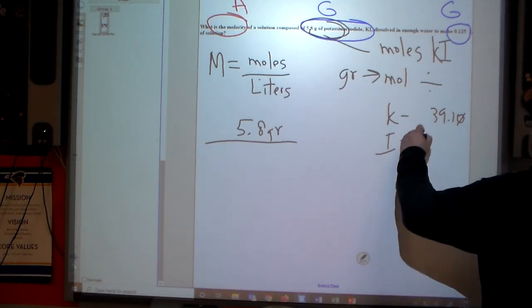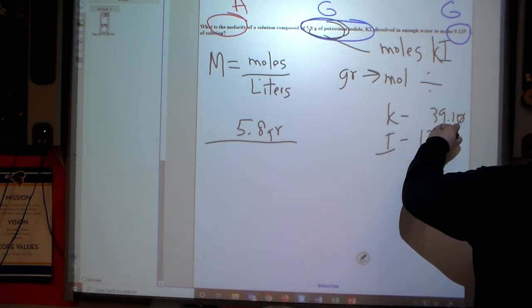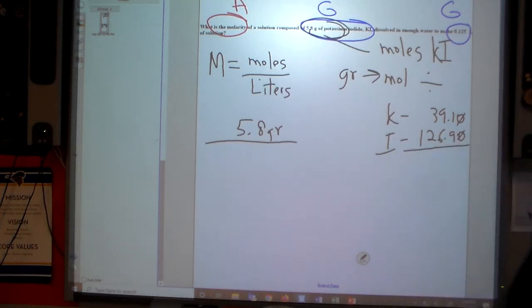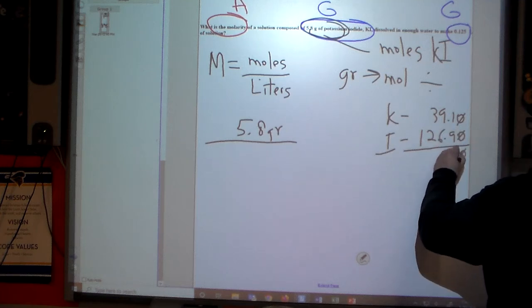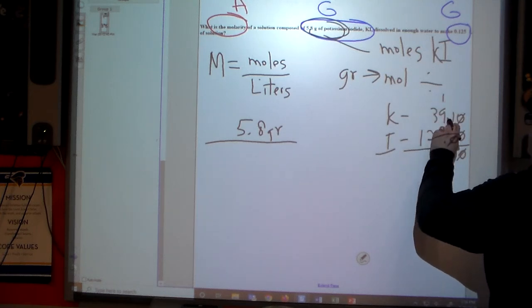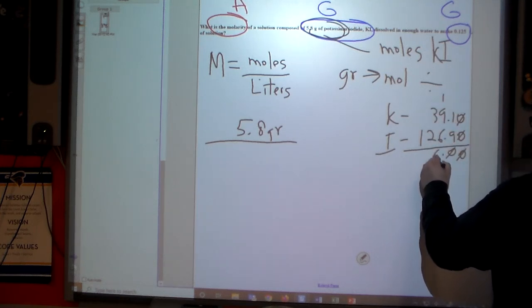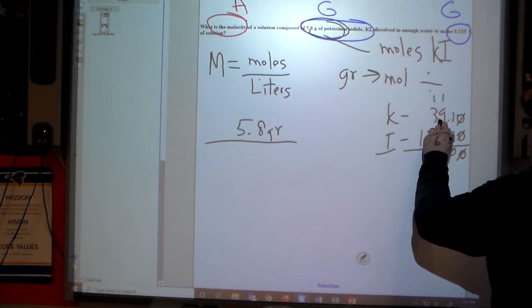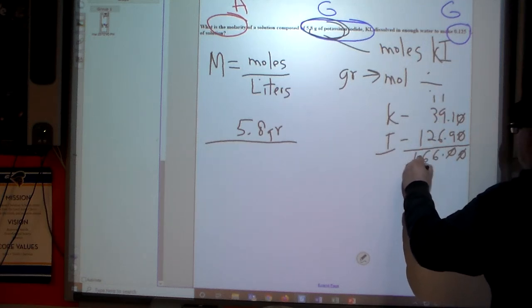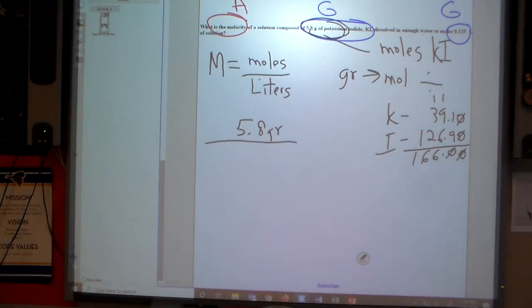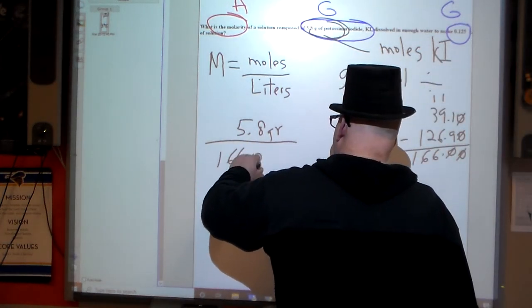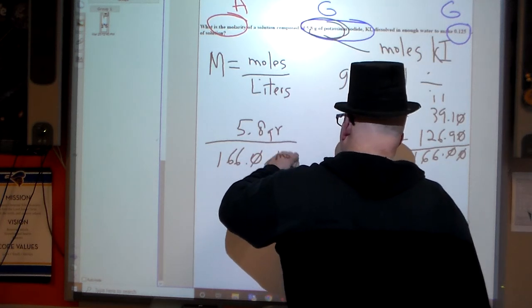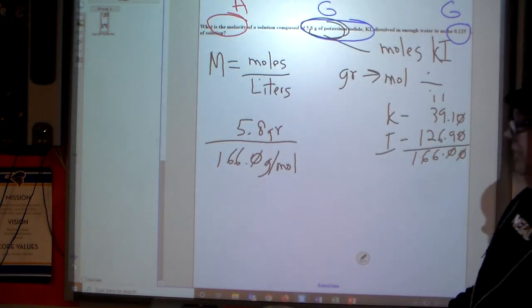That's a big boy! 126.90. So I got 0, 10, carry the 1, 1 and 9 is 10, plus 6 is 16, carry the 1, 1 and 3 is 4, 4 and 2 is 6, and then we have a 1. So we have an even 166 grams per mole. That's what we have, ladies and gentlemen.